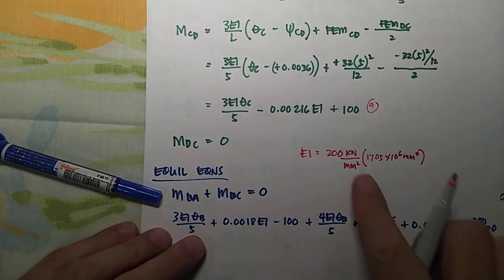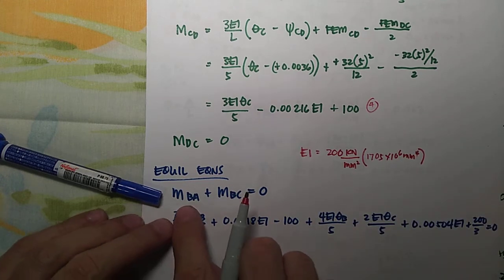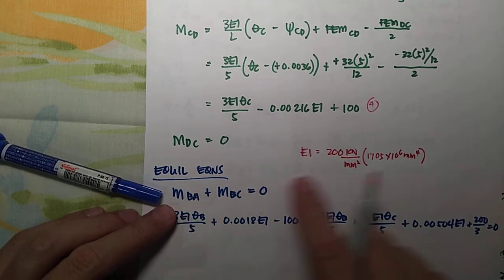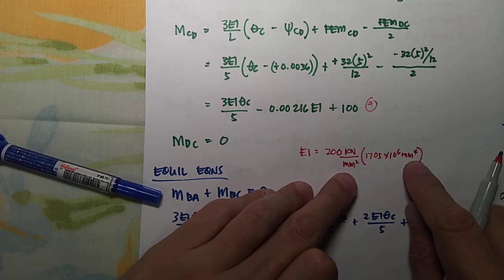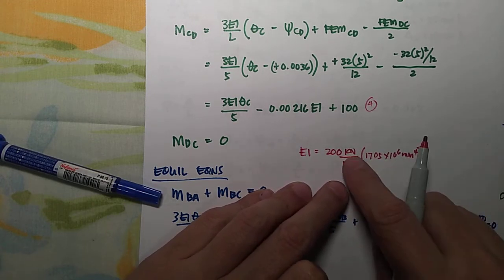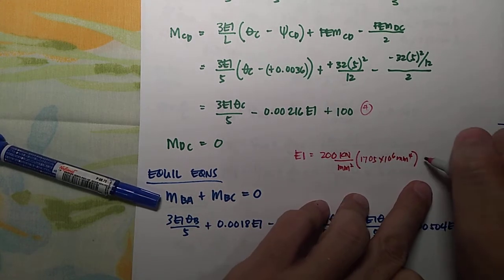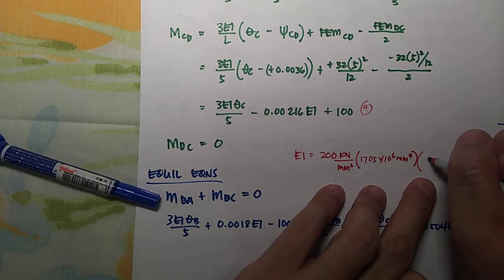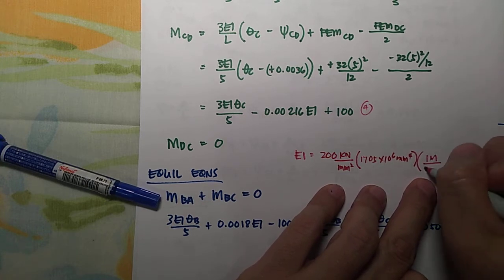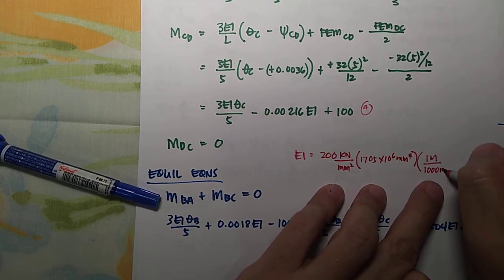Okay. Para siya maging consistent dun sa unit ng moment natin na kilonewton meter, gawin natin tong kilonewton meter. Kasi makakancel yung mm square sa mm to the 4th, kaya ang magiging unit itong EI na to is kilonewton mm square lang. So, para siya maging meter square, so, 1 meter, diba, is equivalent to 1,000 millimeter.